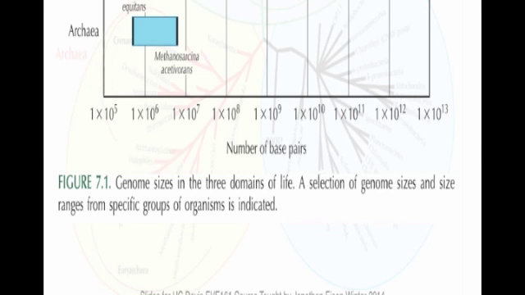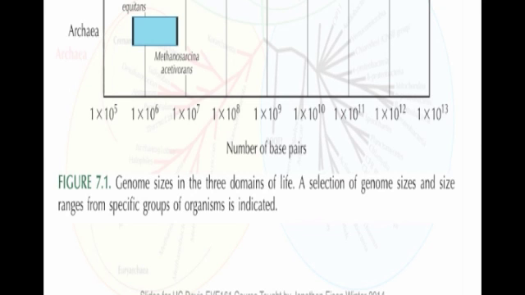There are bacteria that live as intracellular symbionts inside other organisms. They never live as free-living organisms, so they're almost like mitochondria and chloroplasts, but some of them have genomes on the order of 100,000 base pairs, so really, really small.